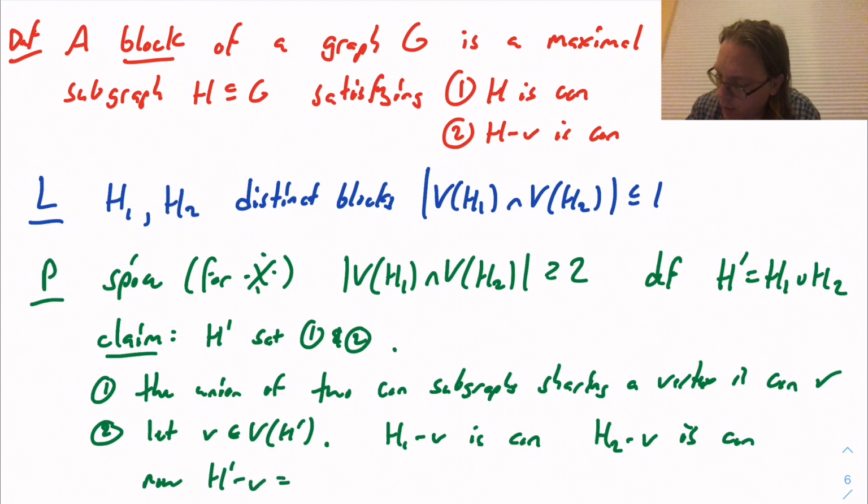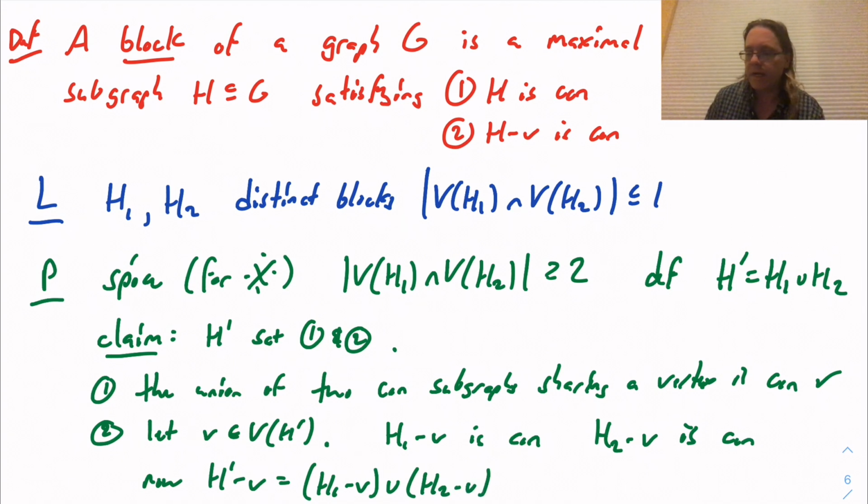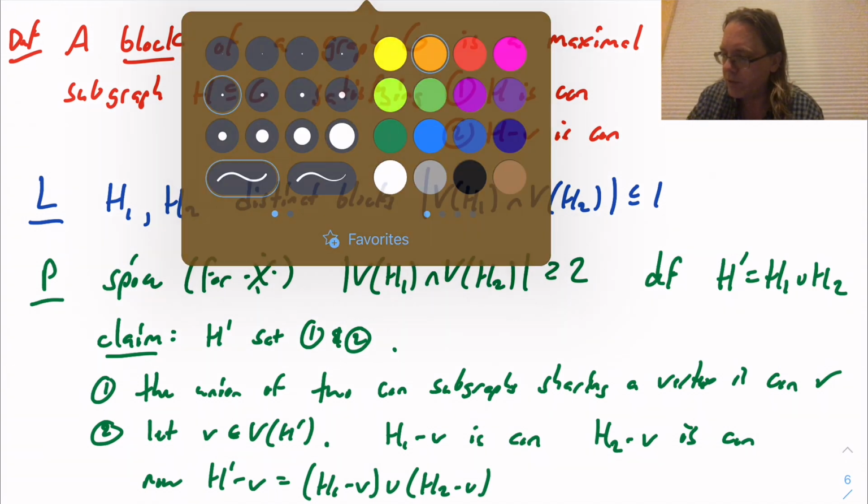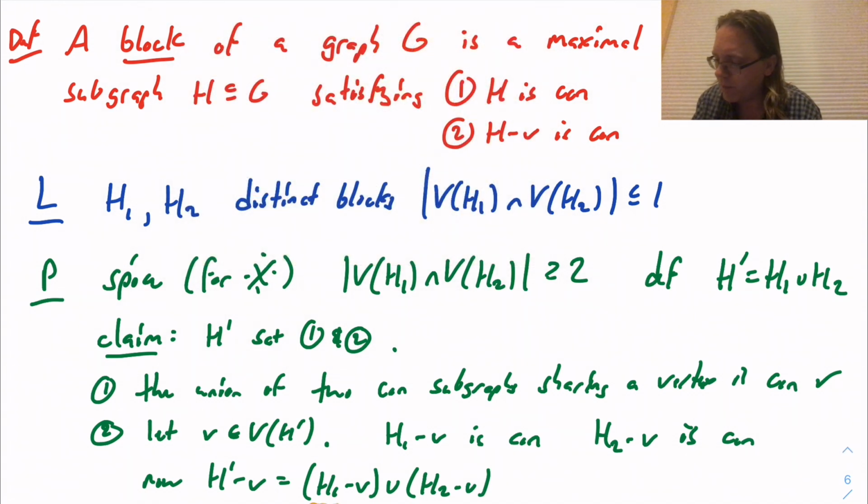So H prime minus V is equal to the union of H1 delete V, union H2 delete V. And again, I'm not writing quite all the words here. There's a little bit more in the notes. But again, this is the same property as before.